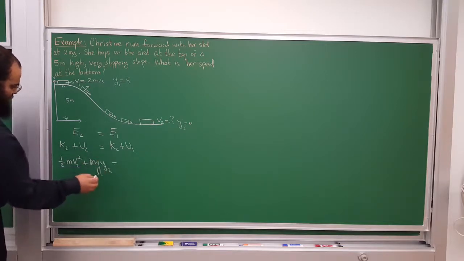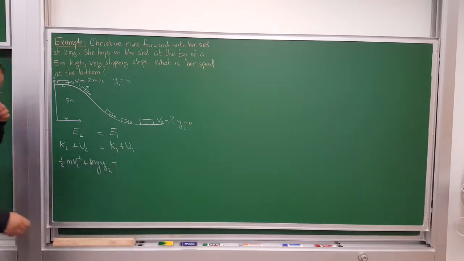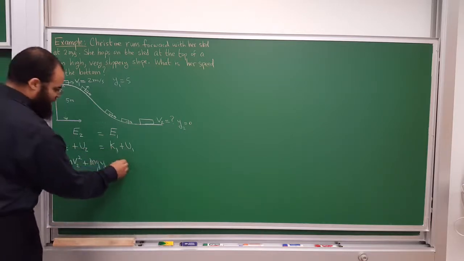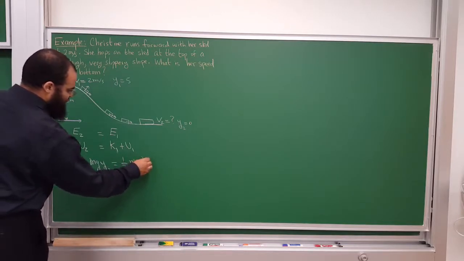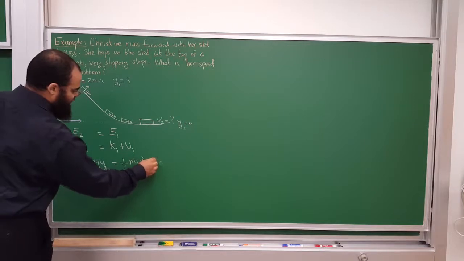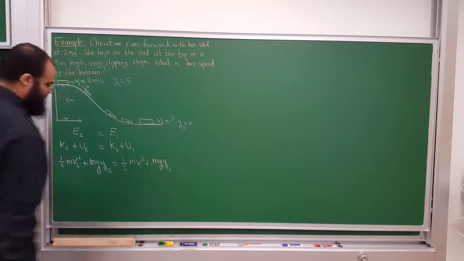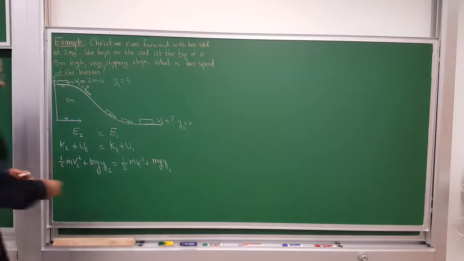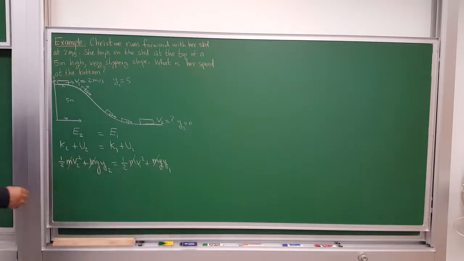And then the same thing at the beginning: the kinetic energy is 1/2 m v1 squared, plus the potential energy at the beginning, which is the mass times gravity times the height at the beginning. The mass does not matter.